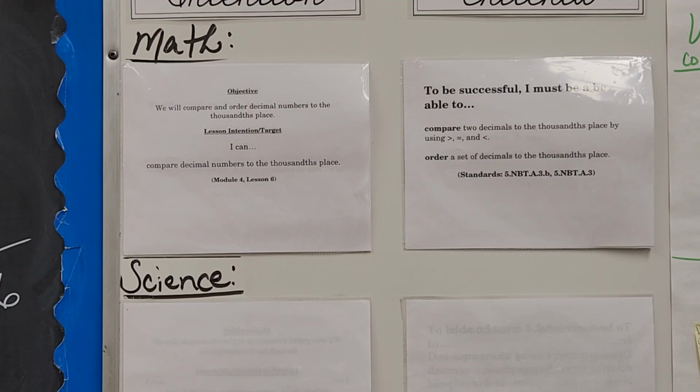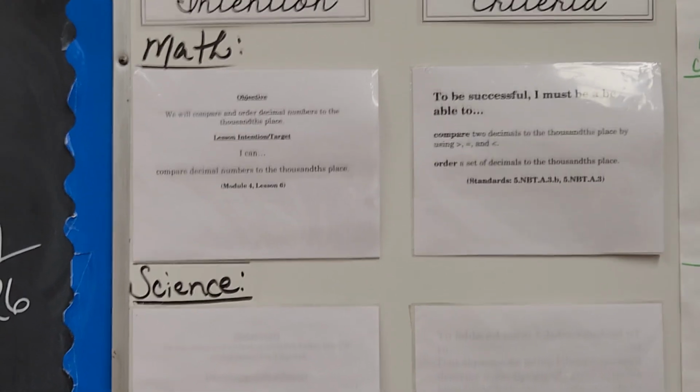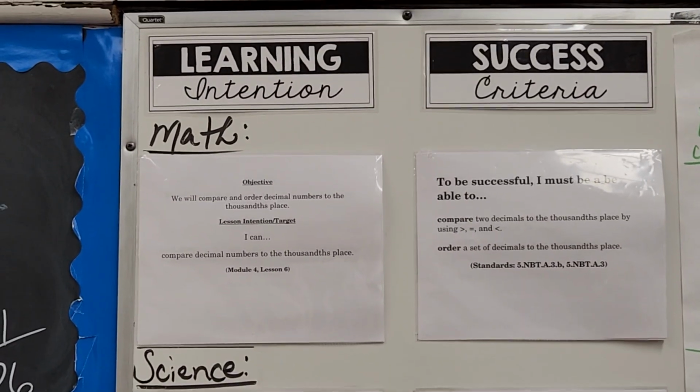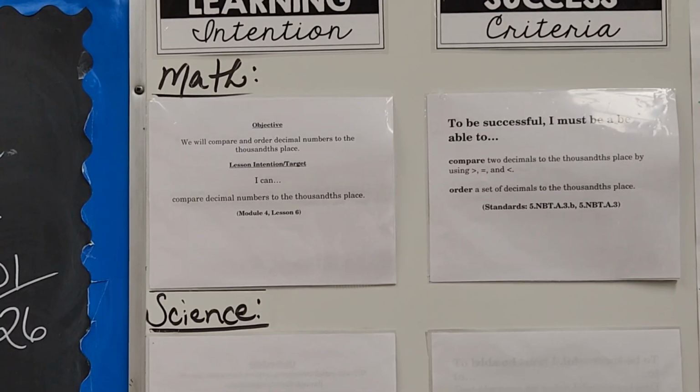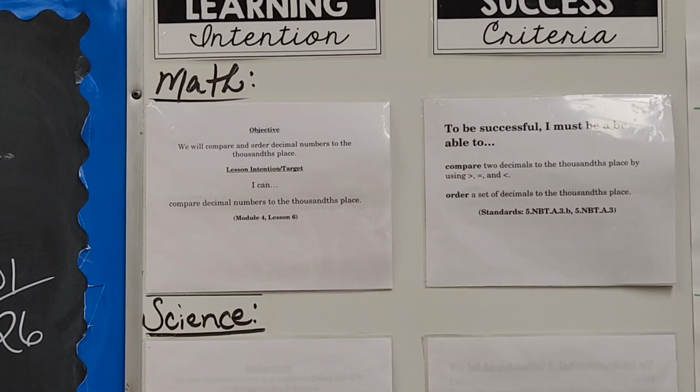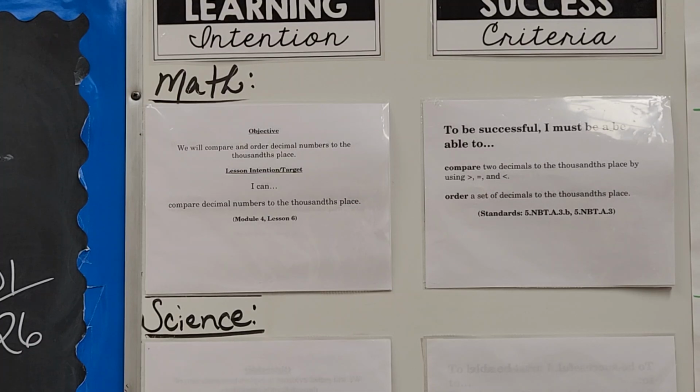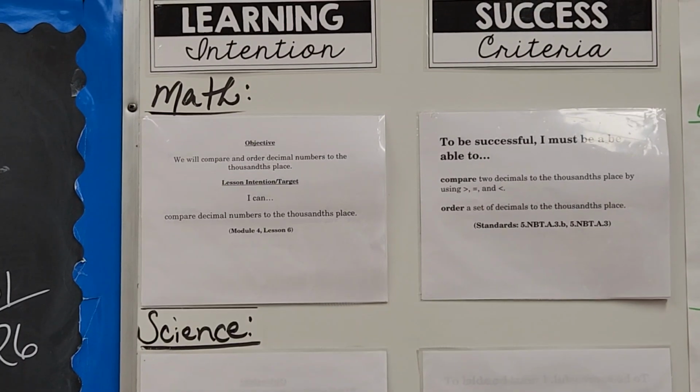But for the math, I have that one set up. Today we did lesson 6. I have my objective, my lesson intention, or my target. I know it's called the learning intention in the title, but I give them more on the sheet. And yes, I type this out every day. I have the module labeled module 4 and the lesson. Right next to it is the success criteria.